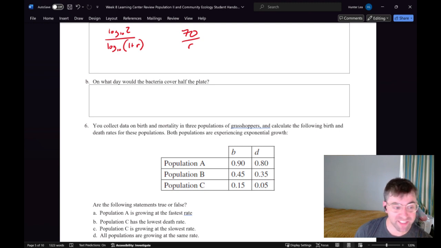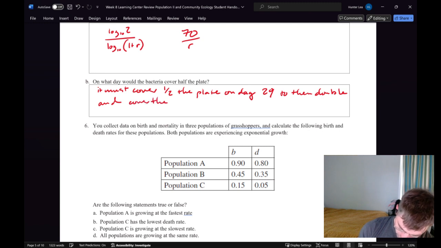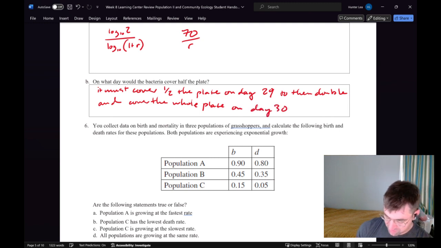It must cover half the plate on day 29, if it's doubling day over day. It must cover half the plate on day 29 to then double and cover the whole plate on day 30.